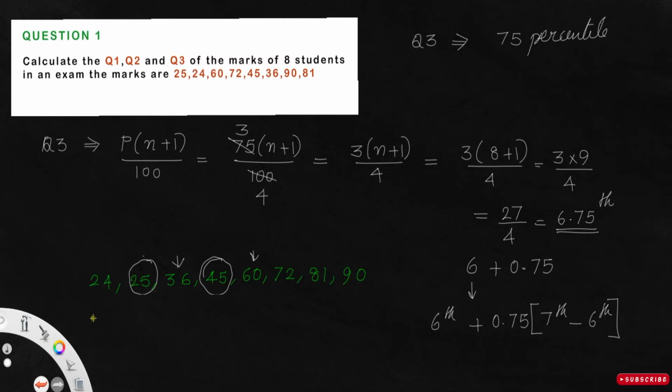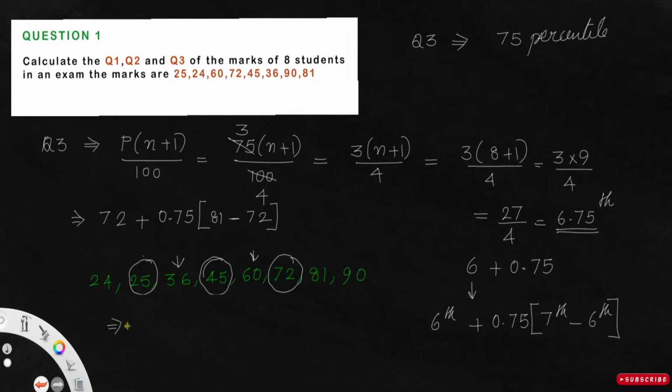Okay, so what's the 6th item in here? This one is the 6th item. Clear? 3rd, 4th, 5th, 6th. Okay, so 72 plus 0.75 into 81 minus 72.